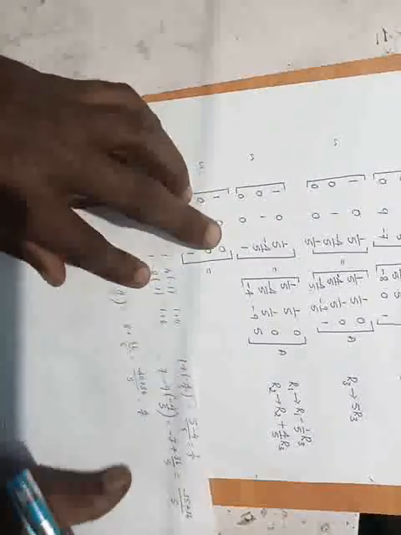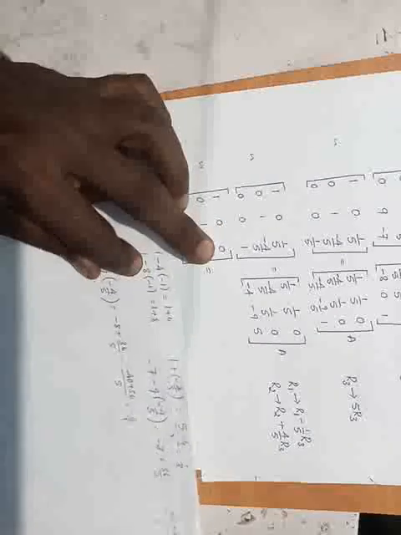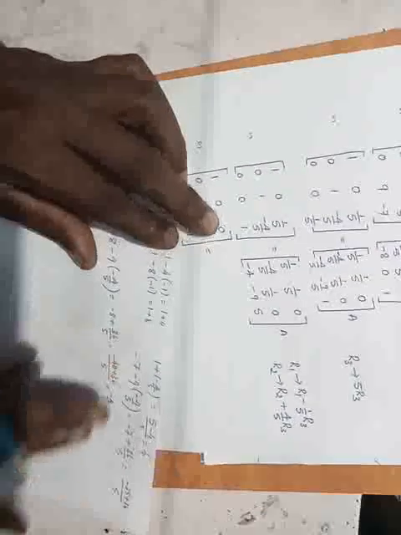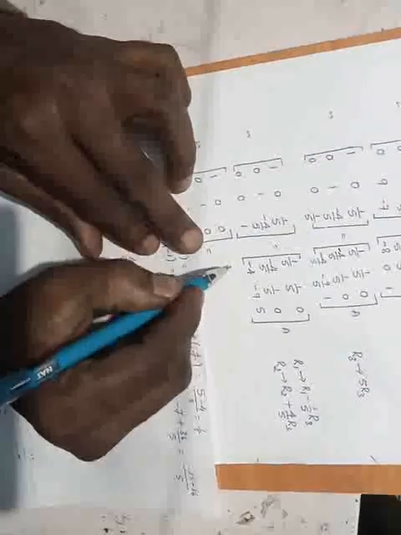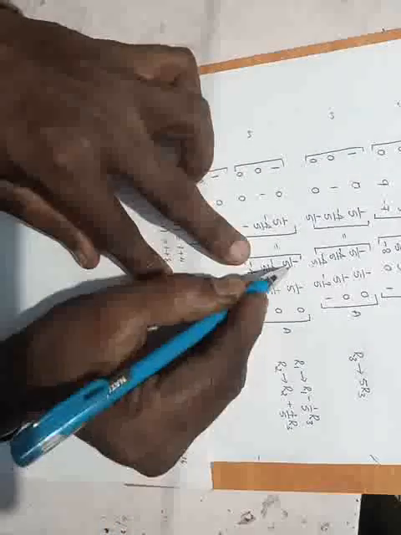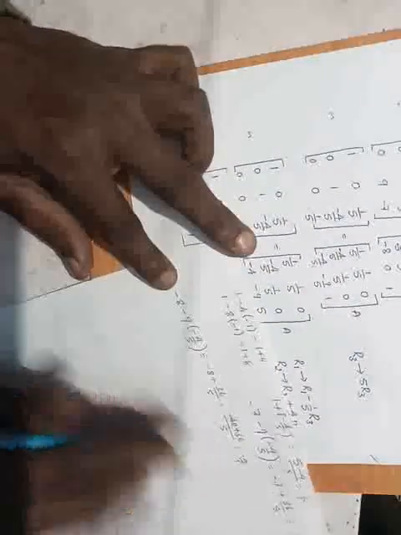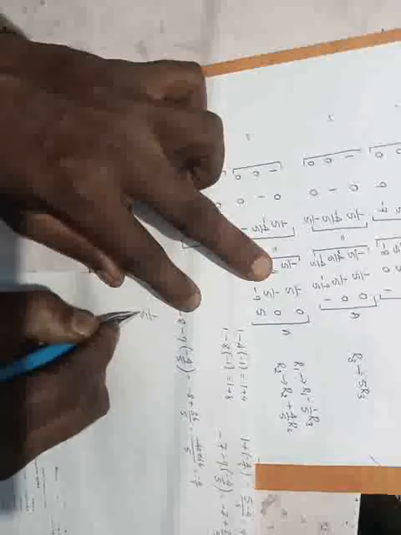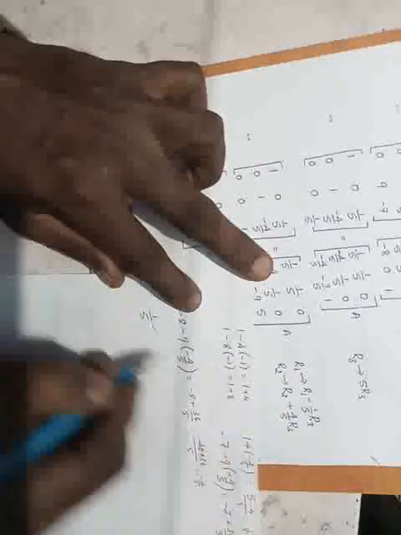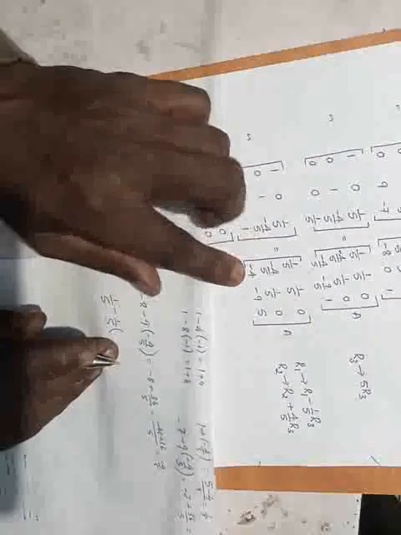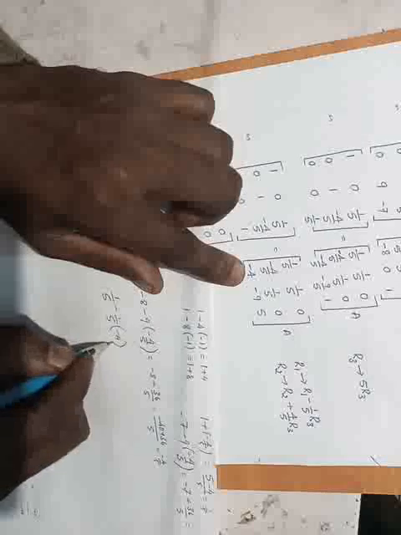So now I am writing the calculations separately. See, R1 minus, so this R1 element is 1 by 5. I am calculating here. 1 divided by 5 minus this 1 by 5 into R3, means this element minus 4.